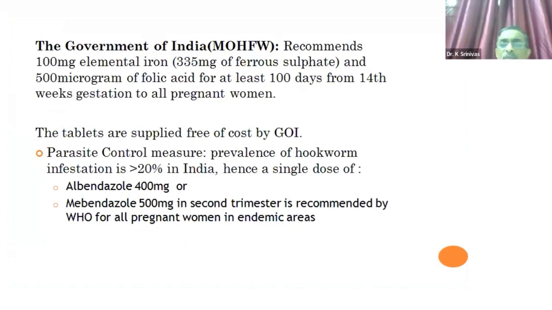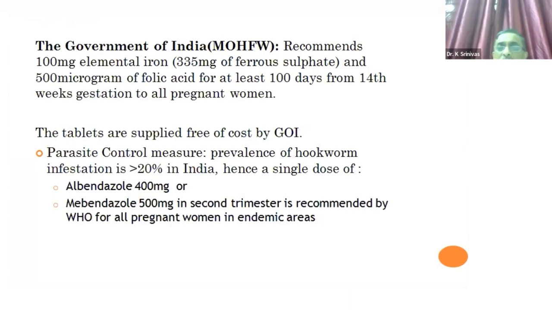It could be ferrous sulfate, 335 milligram giving 100 milligram of elemental iron, with 500 microgram of folic acid, given for at least 100 days from 14 weeks to all pregnant women, right? So though WHO gives 60 milligram, the Government of India recommends 100 milligrams of elemental iron in the form of 335 milligrams of ferrous sulfate, right? They are provided free of cost by the government.